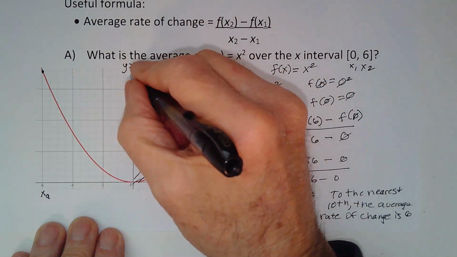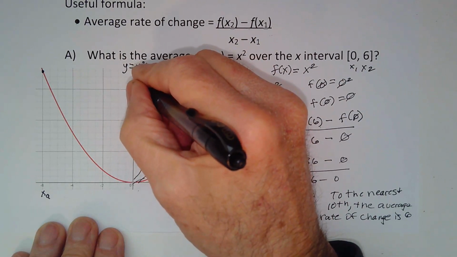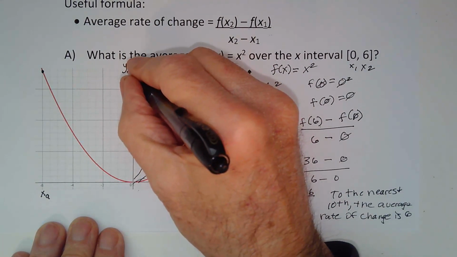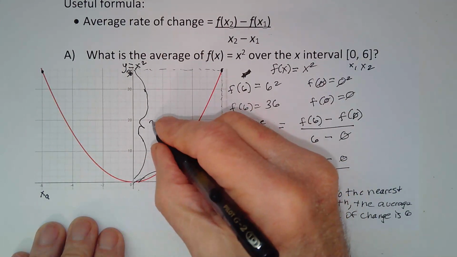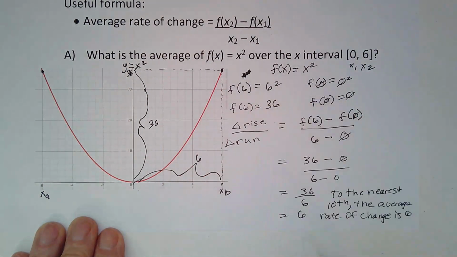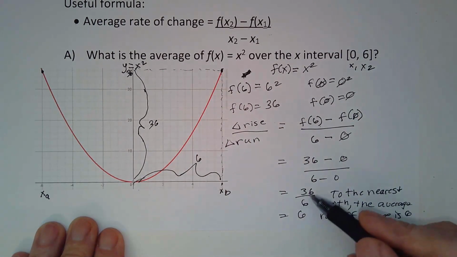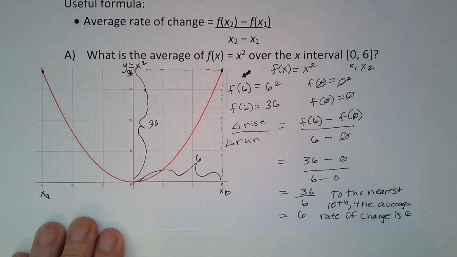So the interval, and this is 2, 4, 6, so this is 36. That's 36 units. Okay? So that's 36 over 6, the y over the x.